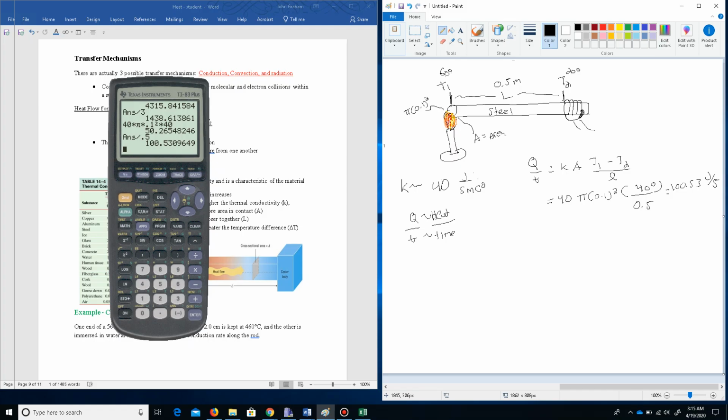Notice that's a unit of watts, so it's a unit of power, joules per second.